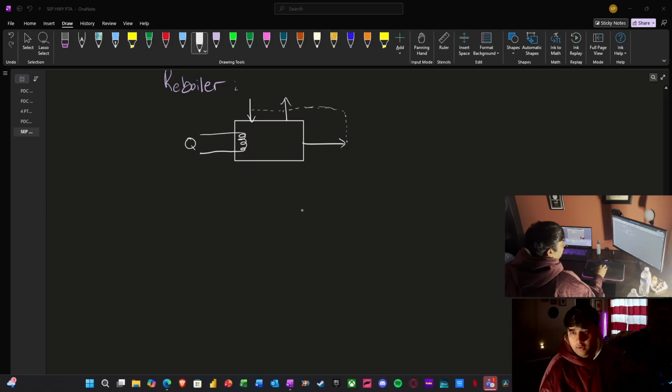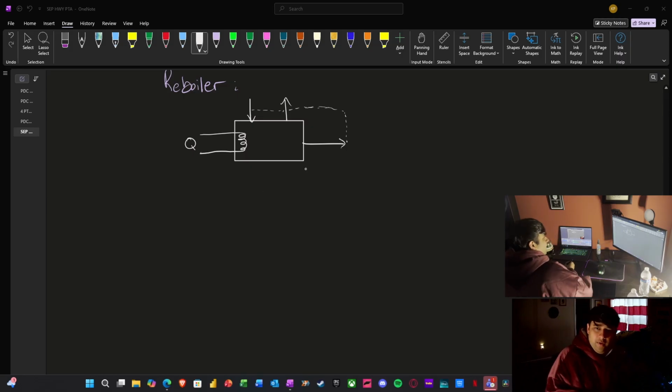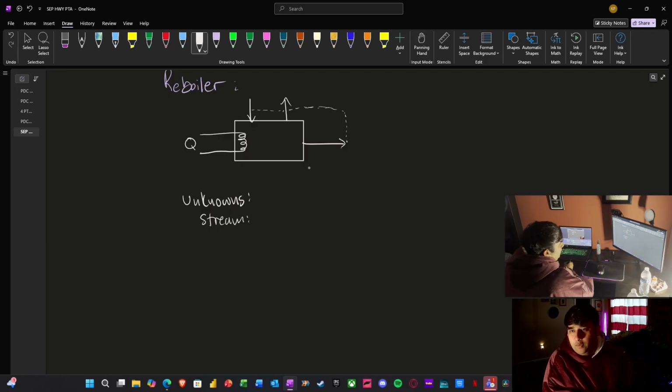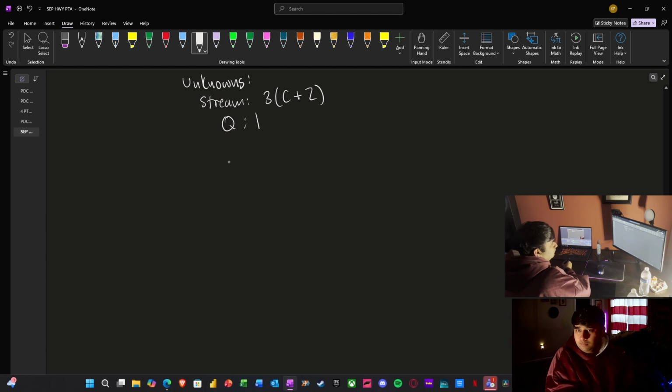And so with our reboiler, obviously we have our heat exchange and our outlet with our inlet, which is our liquid, reboils, and then exits as vapor. So basically, let's start with our unknowns. In our stream, since we have 3 total, it's going to be 3C plus 2. Our heat exchange will be 1 again. And then our TP is 2.